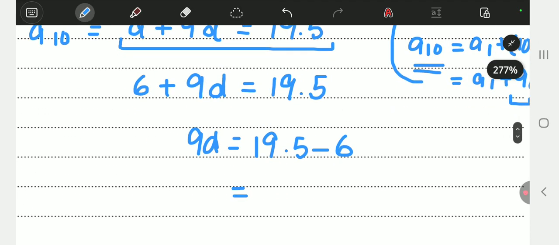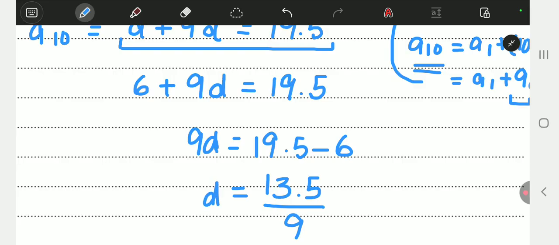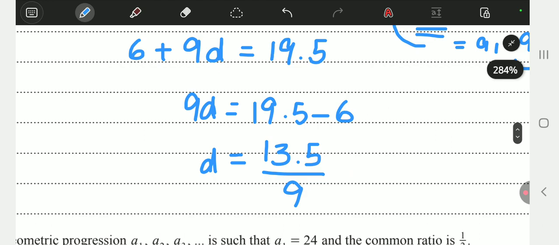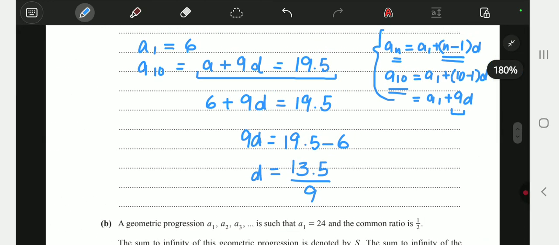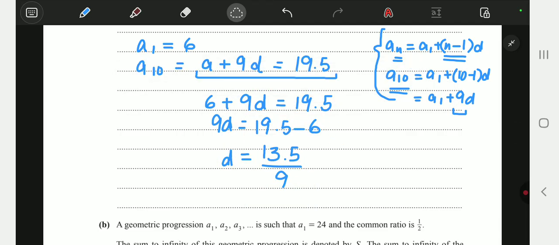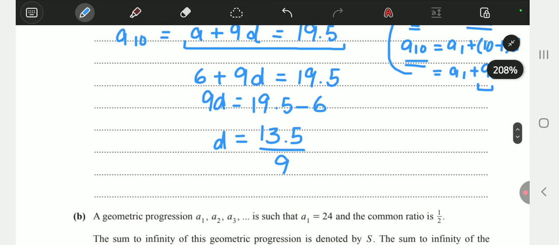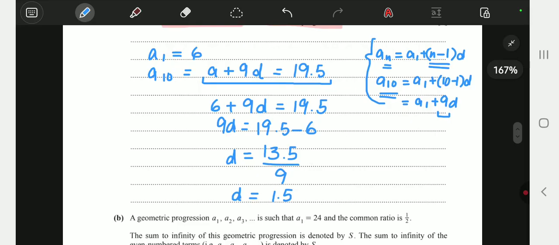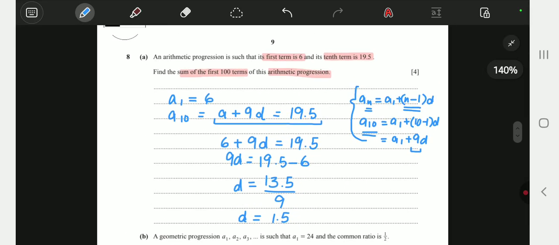It is 13.5 over 9. So d, after calculating this, will be equal to 1.5. Okay, so this is how we found a and d.